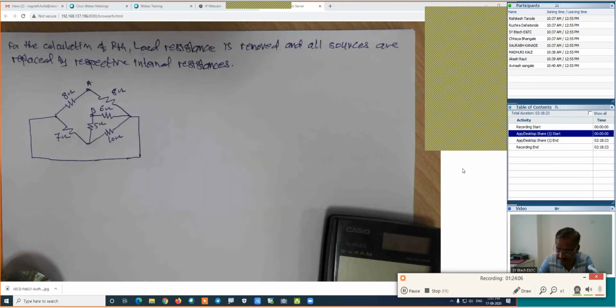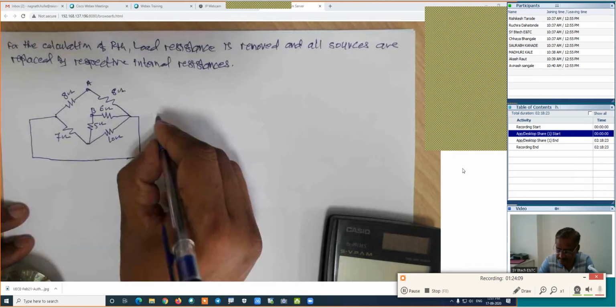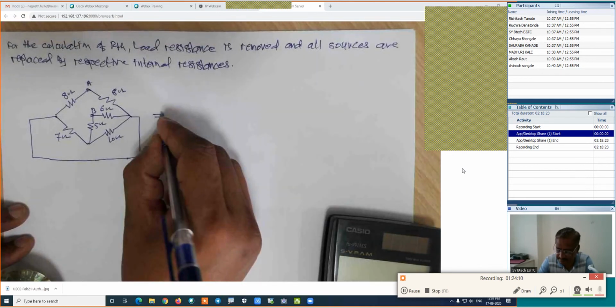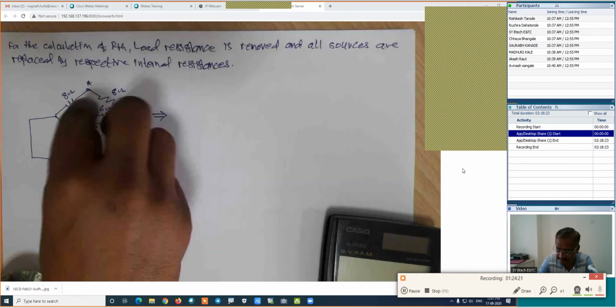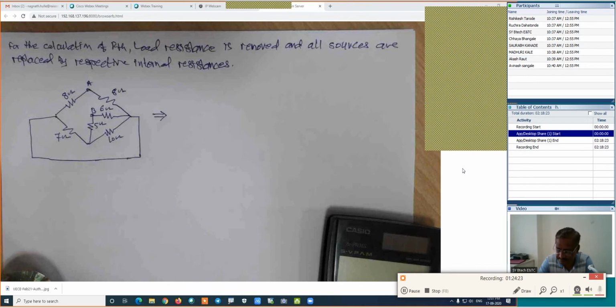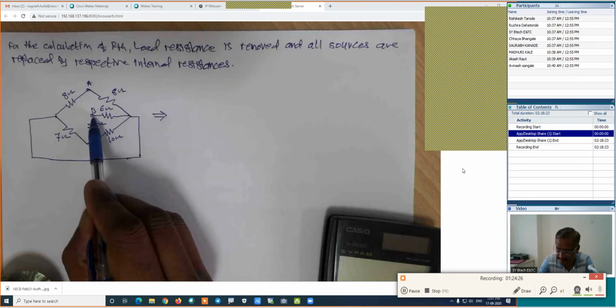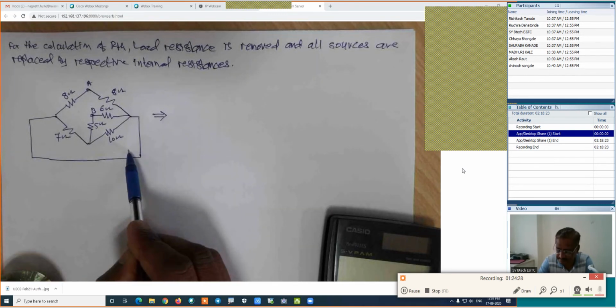Always, this figure is the same as this. Now look at what I'm doing. I'm assuming that this figure is made up of elastic. I will pick up this point B and I will put this point B outside here.